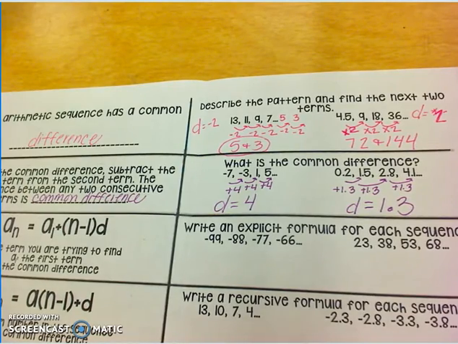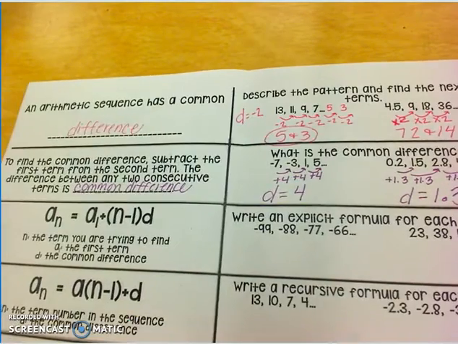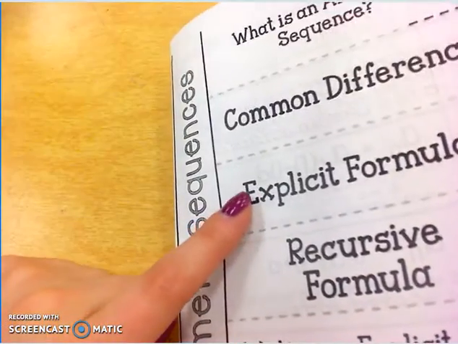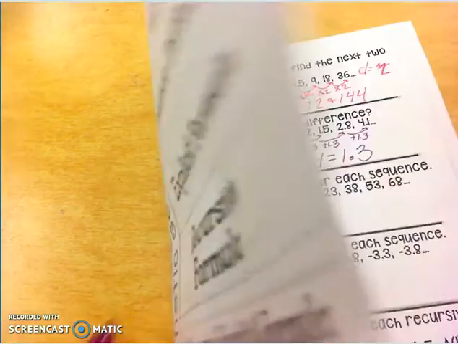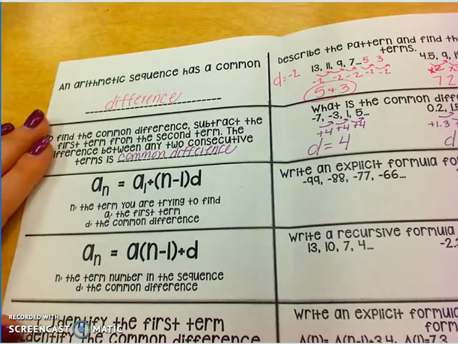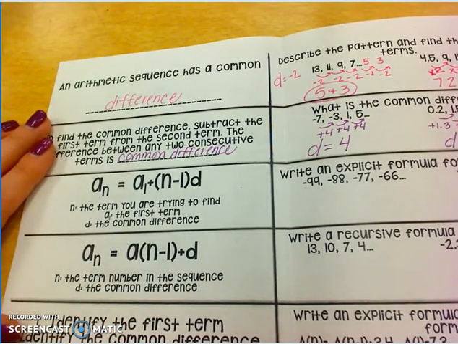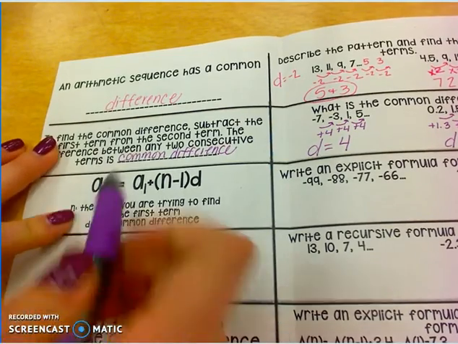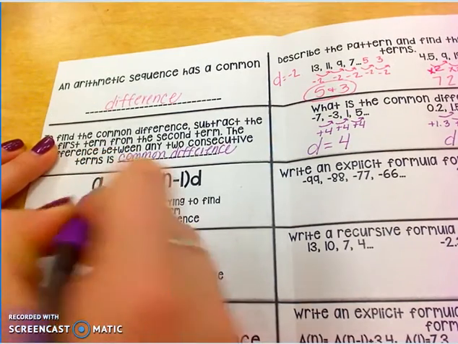All right, so now this is the thing that we're going to be looking at a lot today, is between the explicit formula and our recursive formula. They look the same, but they are very different. In an explicit formula, we always are going to have this a sub n.